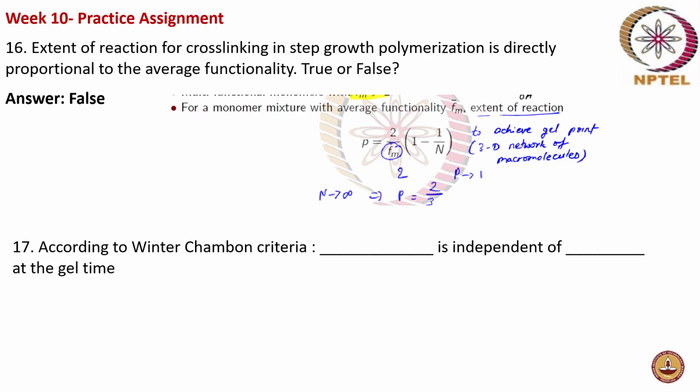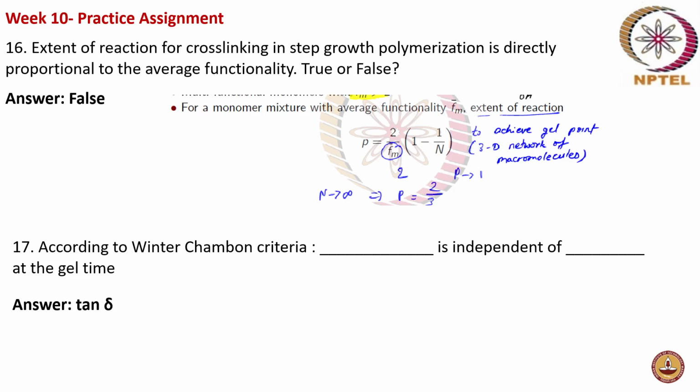According to the Winter-Chambon criteria, tan delta is nothing but the ratio of the loss modulus G double prime to the storage modulus G prime, that is, your viscous nature to your elastic nature.